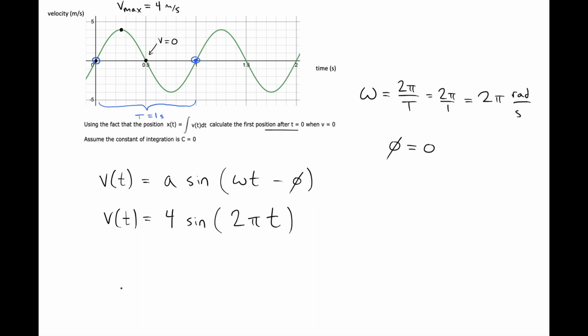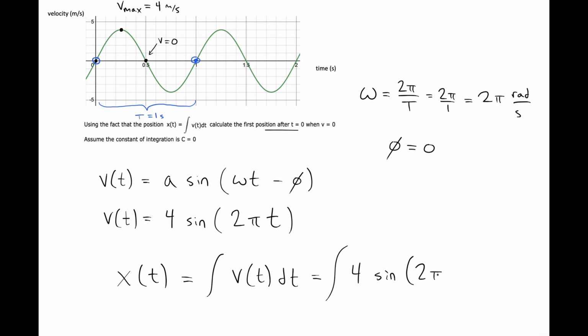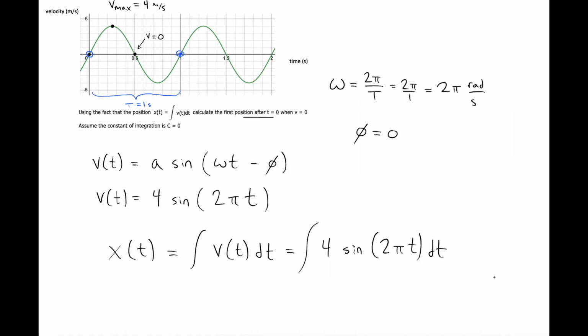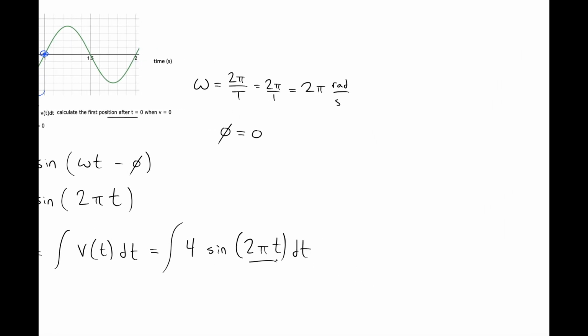What I want to do now is try to construct a position function using the idea that the position is going to be an antiderivative of the velocity. So let's do an indefinite integral of 4 sine of 2 pi t. I'm going to do a u substitution for this part of the problem. I'm going to let u stand for the 2 pi t. And so we'll be transforming this into 4 sine of u.